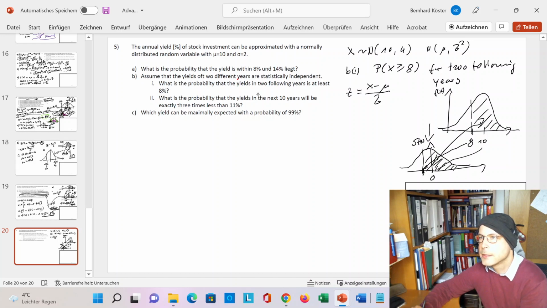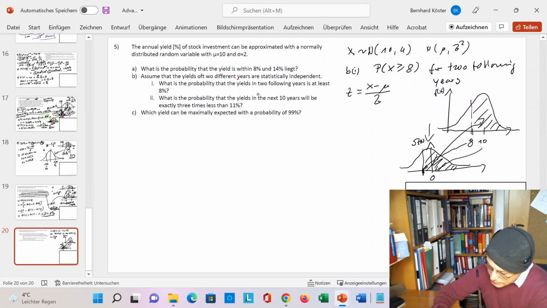How do we get the number which coincides for the 8 of our specific distribution in our standard normal distribution?